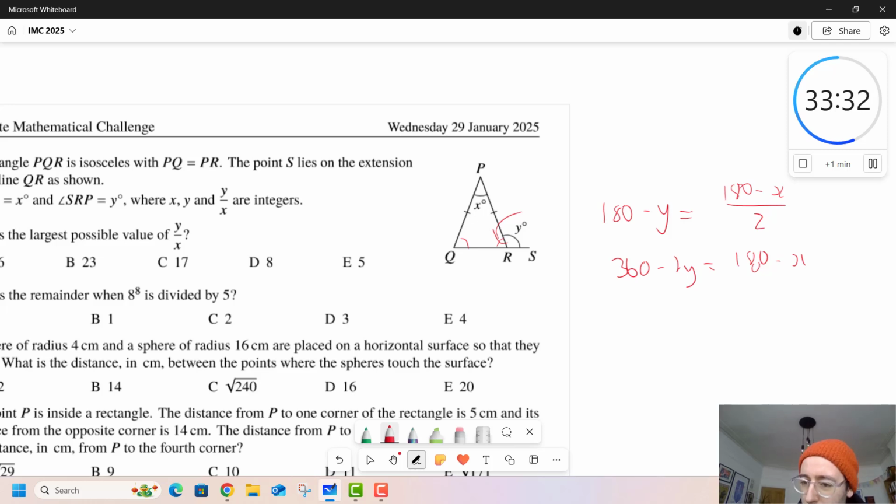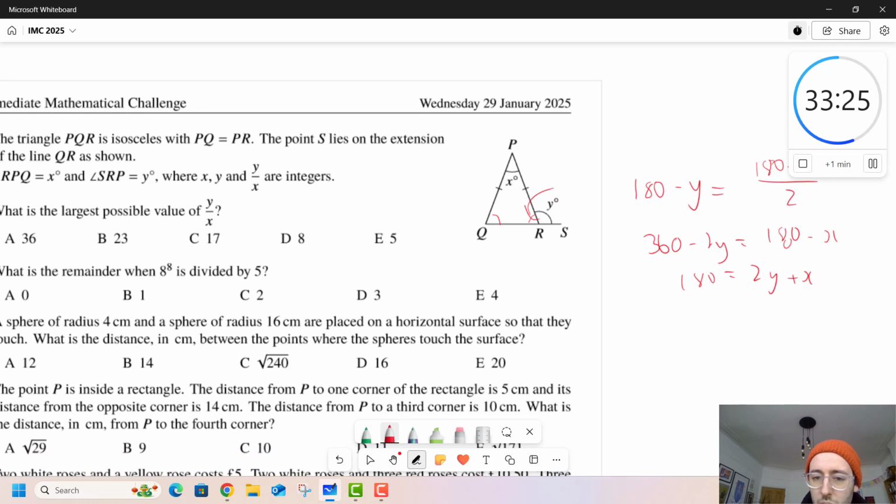We've got 180 equals 2y plus x. And we want y over x. What's the largest possible value of y over x? So we want to make x small and y big.